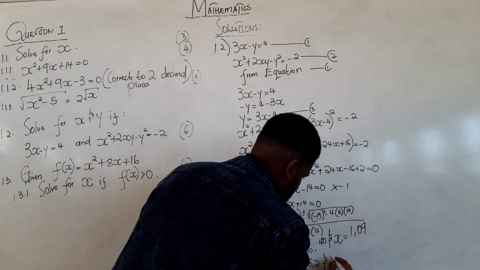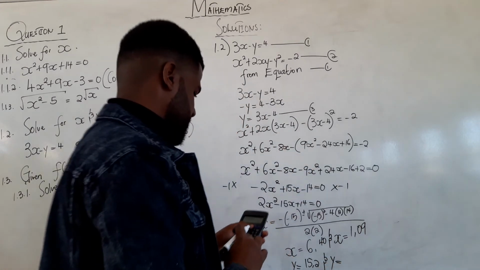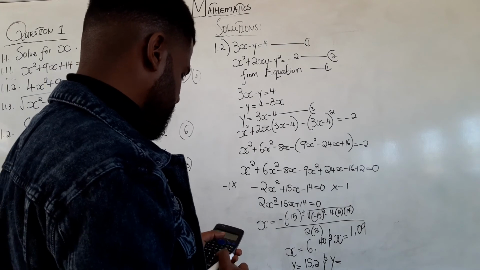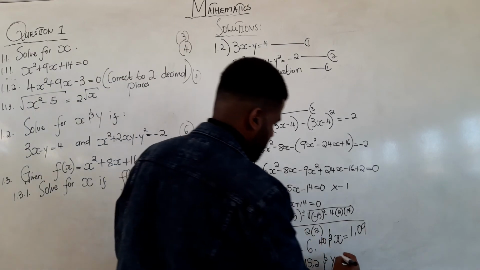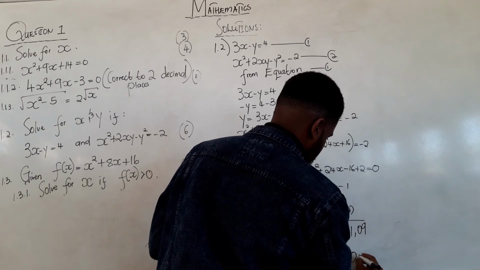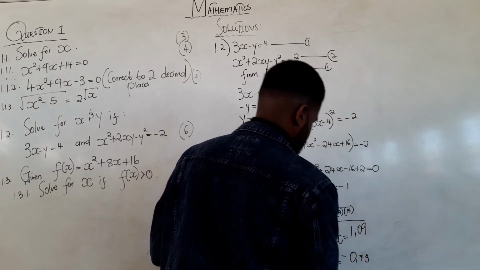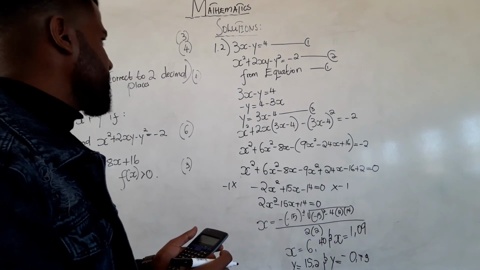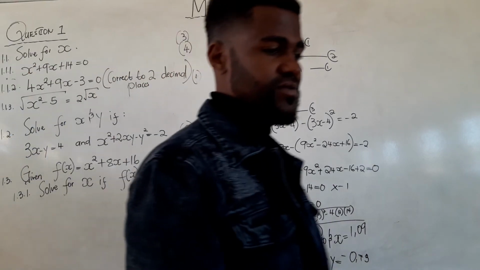Now let me substitute 1,09 to get the value of y, which is equal to negative 0,73. So this is the corresponding y value for this x. And then you solve your x and y.